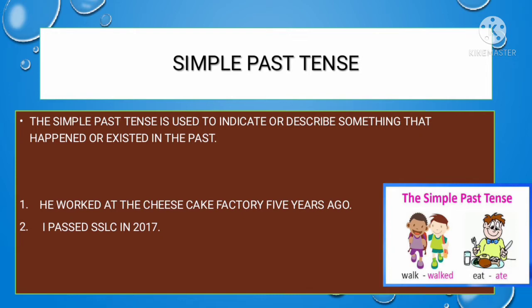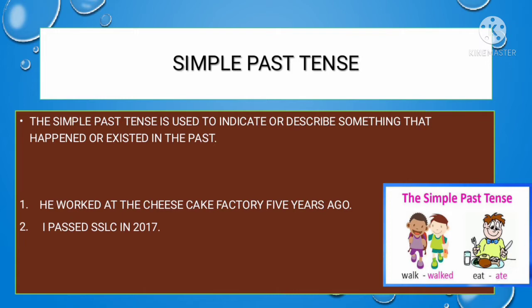Like, he worked at the cheesecake factory 5 years ago. He passed SSLC in 2017. So 5 years ago shows it's already over, and we clearly know it was 5 years before, a particular point of time. So it is a simple past tense.